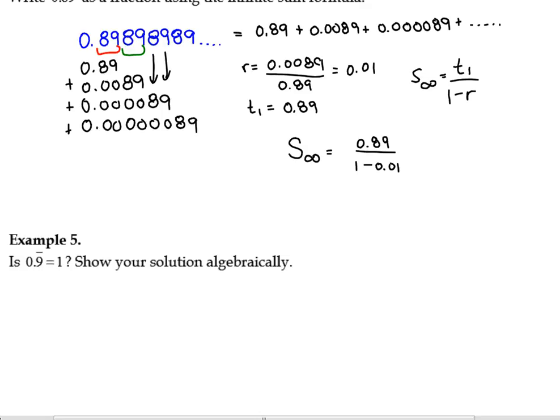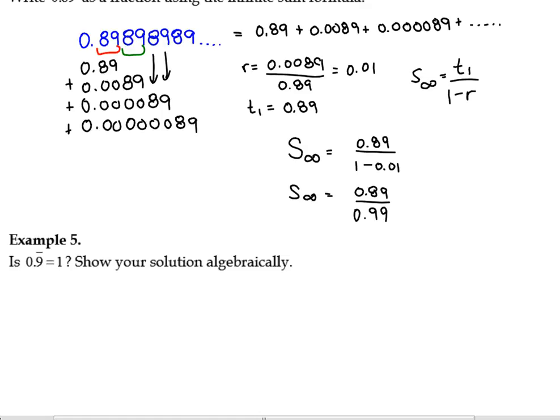What is 1 minus 0.01? Negative or positive? No, you're adding. Yeah, it's 0.99.